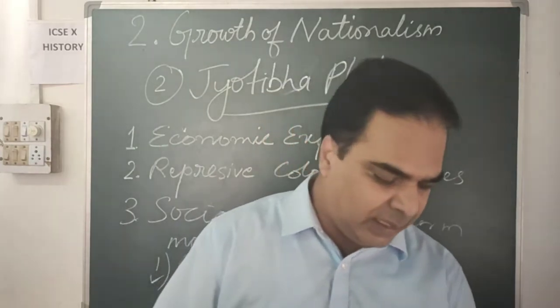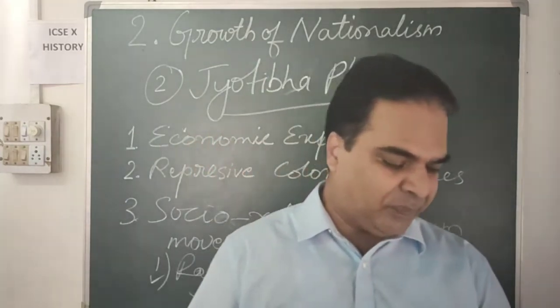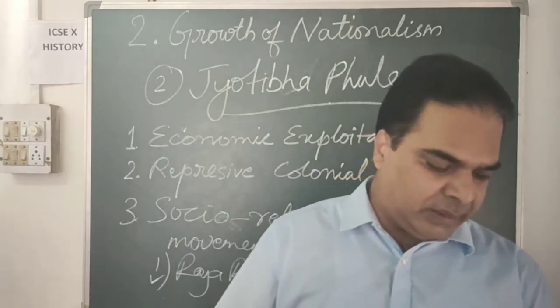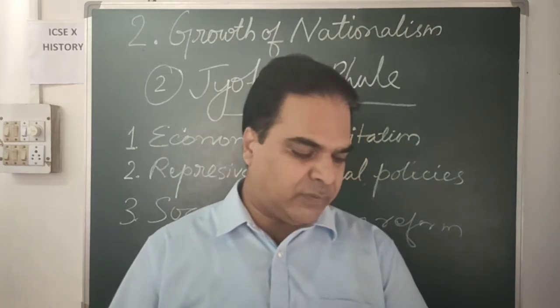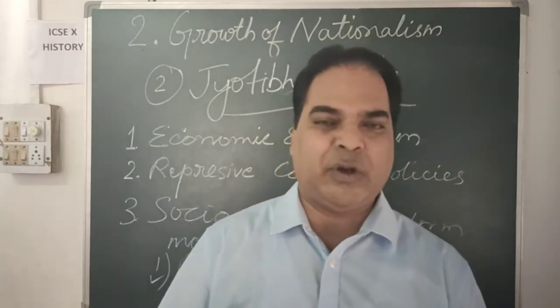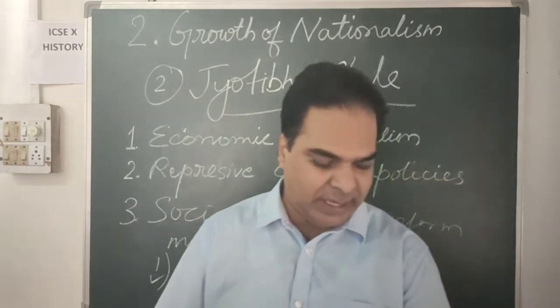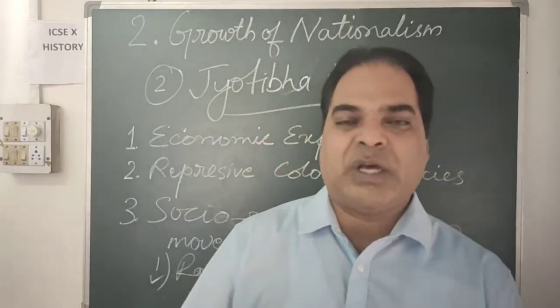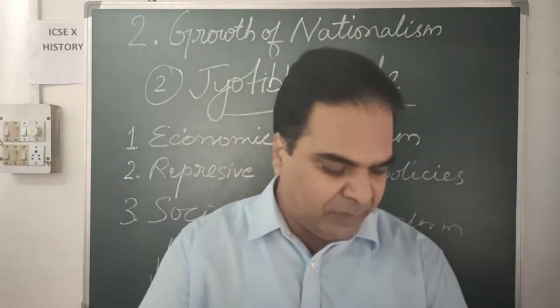He was a gardener, and he used to grow vegetables. They were known as fule or florist, those who sell flowers. As his caste was very low, that became an obstacle in acquiring proper education.